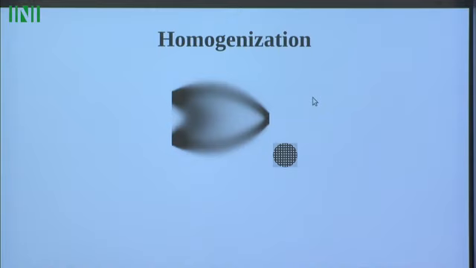And locally, if you zoom in at one point, your structure will look something like this. It's a periodic composite in which each cell is a square, and in which you have drilled a rectangular hole.